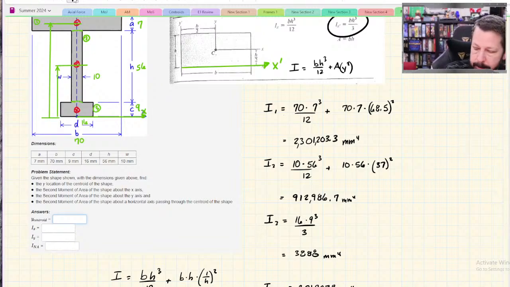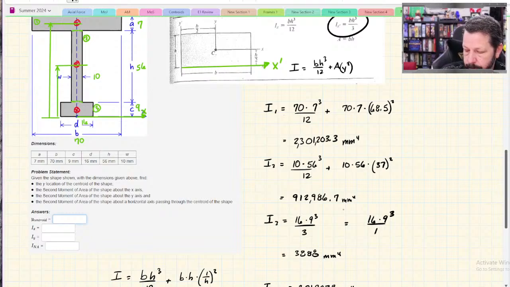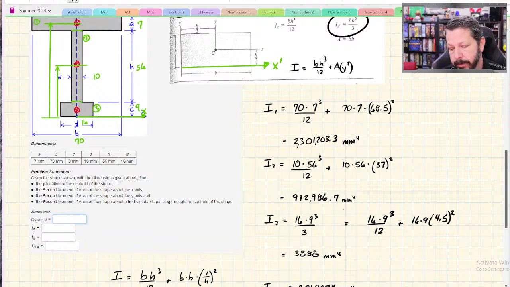The same exact number would be bh cubed over 12 plus area, 16 by 9, times c over 2, 4.5 squared. That exact same equation, bh cubed over 12 plus the parallel axis theorem, would also give you 3888 millimeters to the fourth.